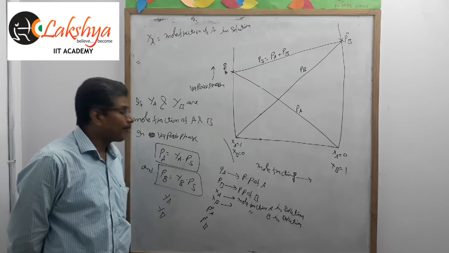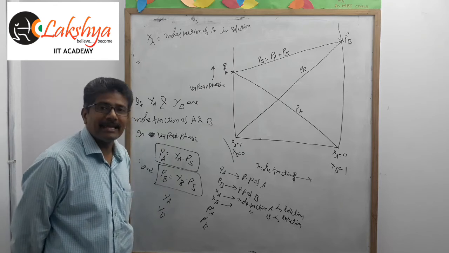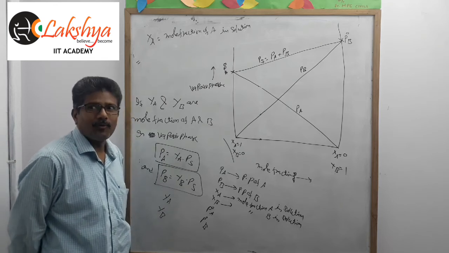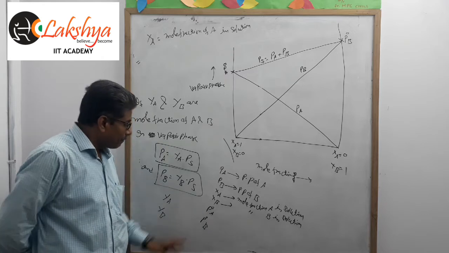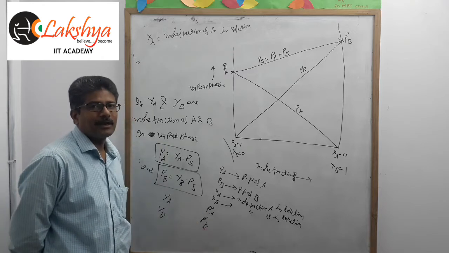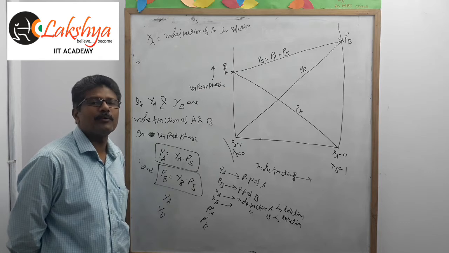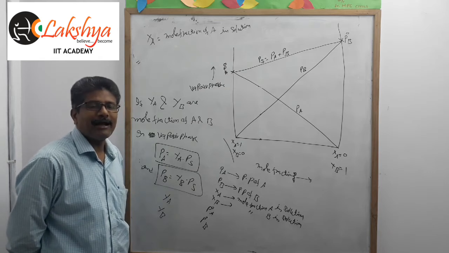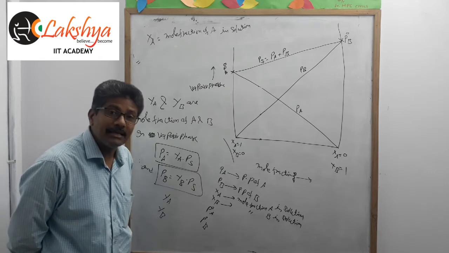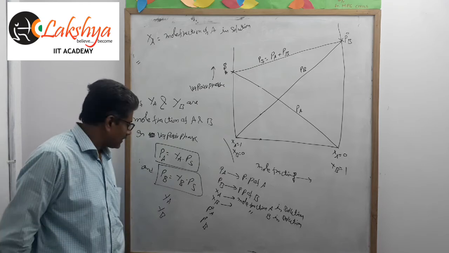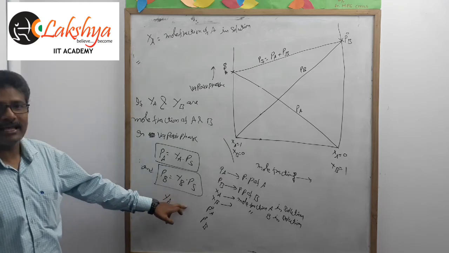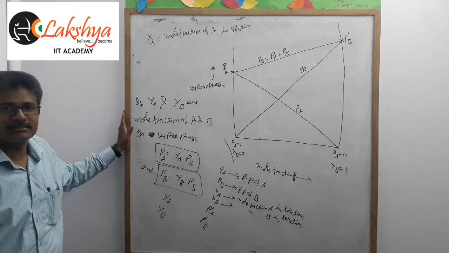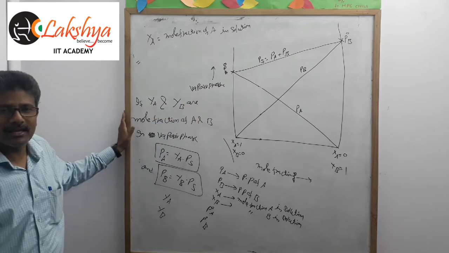P0A is vapor pressure of pure A. P0B is vapor pressure of pure B. YA is mole fraction of A in vapor phase.